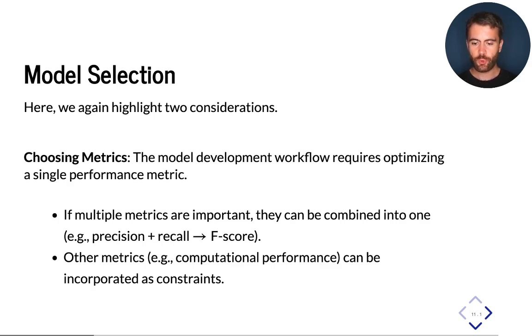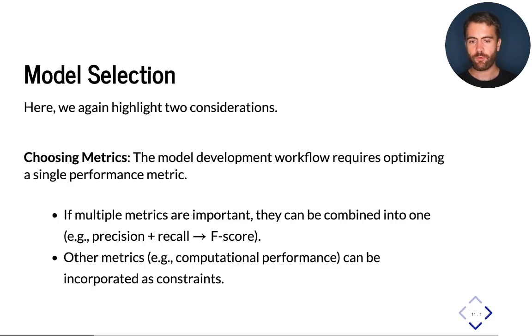In order to improve machine learning models in a principled way, we need an accurate and quantitative notion of what is a good machine learning model and what is a bad machine learning model. And this can mean something simple like accuracy, or it can be something more complex.